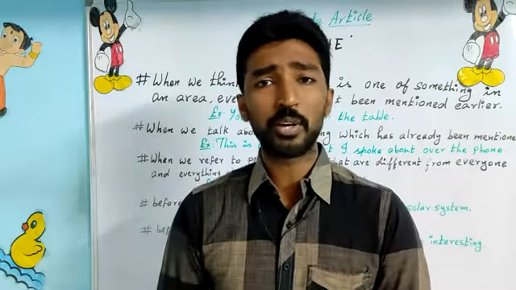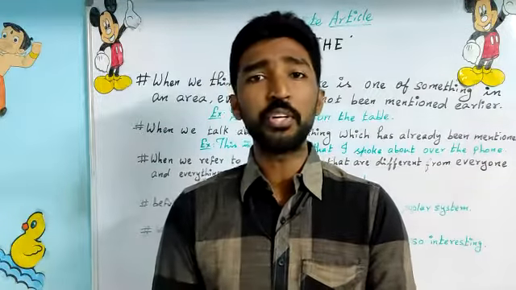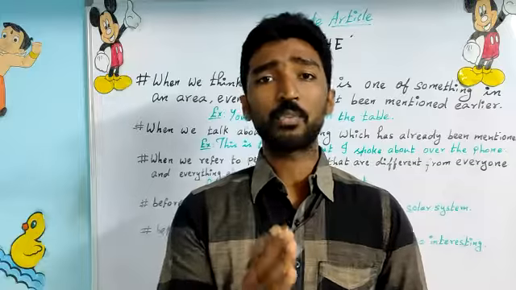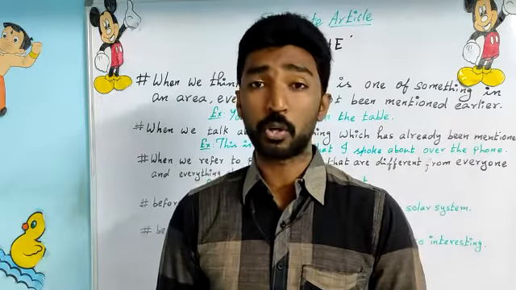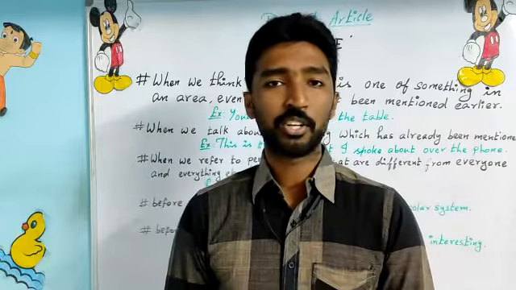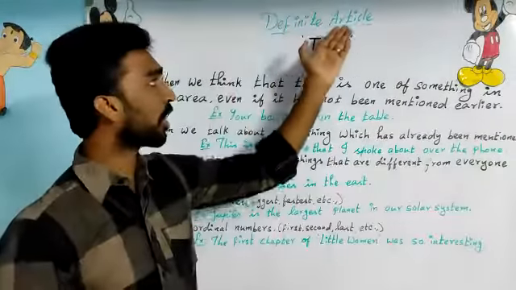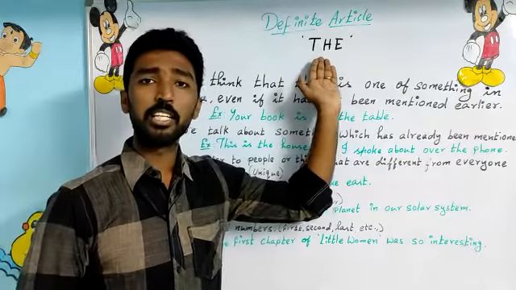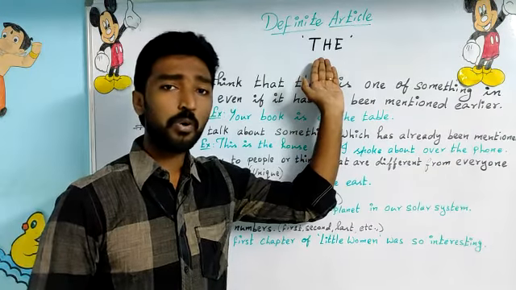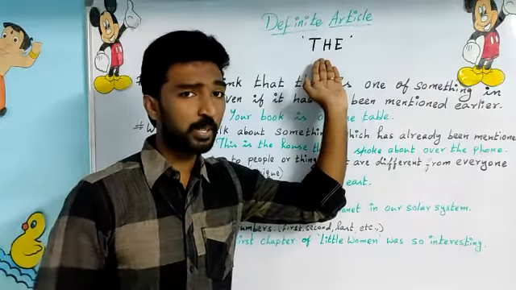And how to use the definite article, where to use it, and when to use it, that's what we are going to see, some of its rules, today in this class. Let's start. I told you the is the definite article. It is used to define a noun that is already known or that is specific.